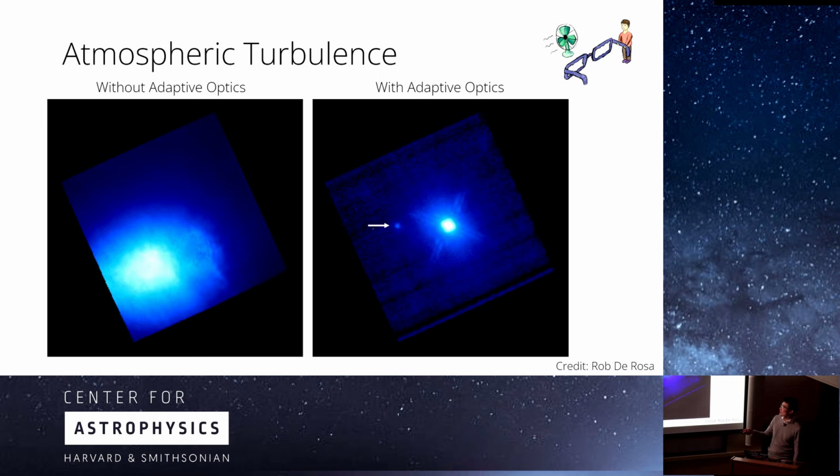There'd be no chance to see it here. We have to use adaptive optics to see that secondary star. And this is just a binary star. Planets are much fainter than this. So if a binary star can get washed out, the planets are completely washed out. So we have to have adaptive optics, something to basically correct for the turbulence in our atmosphere. But that alone doesn't get us to imaging planets.